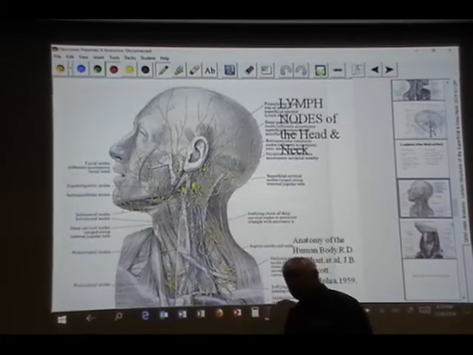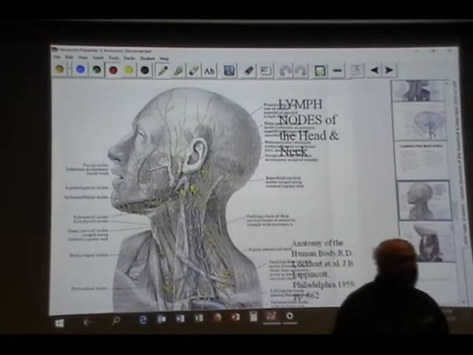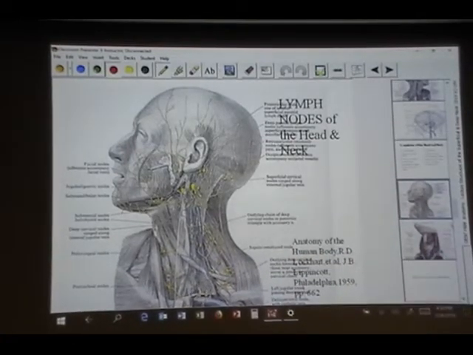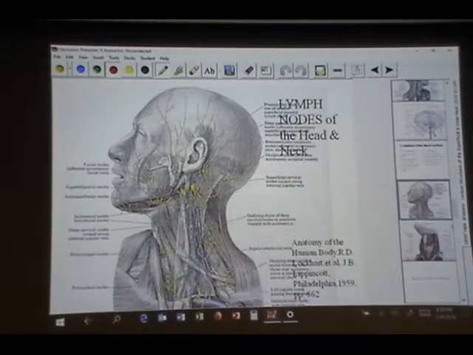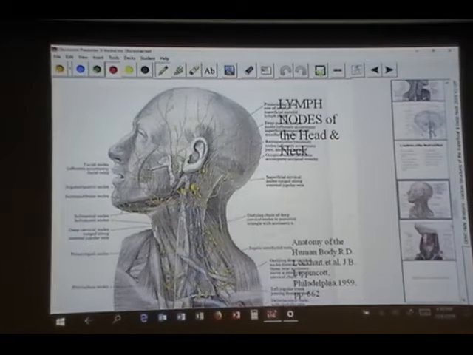So these nodes are there to be reactive to any kind of vector that gets in from the extracellular fluid into the flow of lymphatics. Lymphatics, what you see here, aren't really continuous vessels. There are continuous vessels that they will drain into. What is the primary vessel that everything below the head drains into?